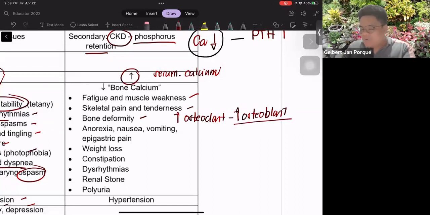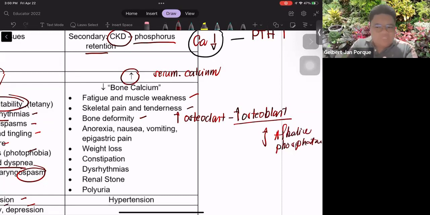This is the reason why your alkaline phosphatase levels would start to increase. The osteoblast will be doing the hard work. But since PTH is more potent, osteoclastic activity would still continue to increase.